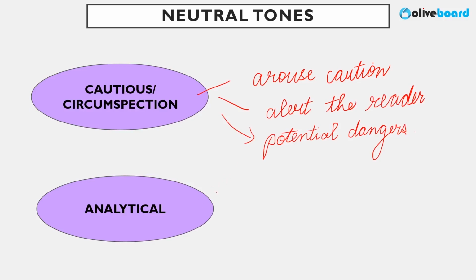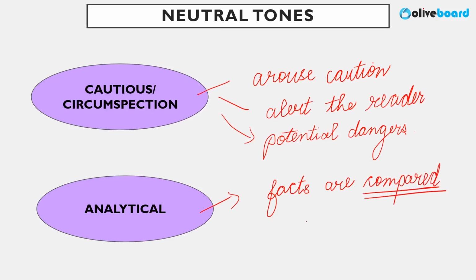Analytical is where facts are compared. Don't get confused with factual now. Facts are compared. See, informative or factual, only facts are mentioned. Here, very important thing, if we are saying analytical, facts are compared. Okay, they are analyzed. Okay, so examples are there, but analysis is understanding in detail.